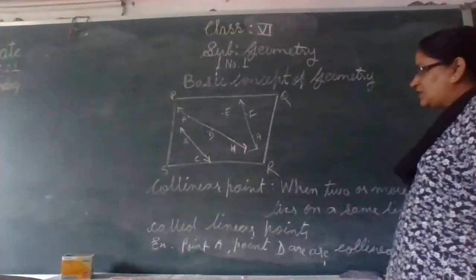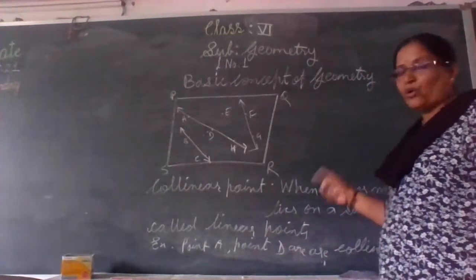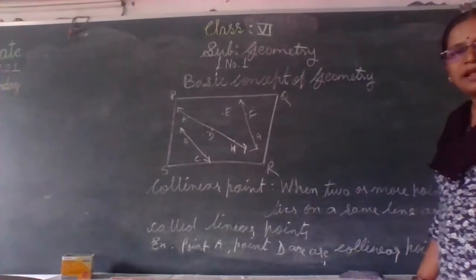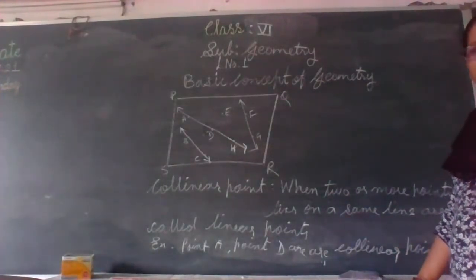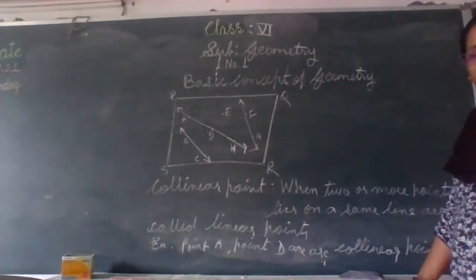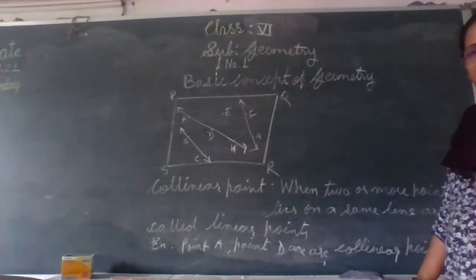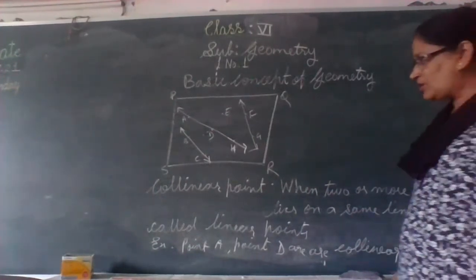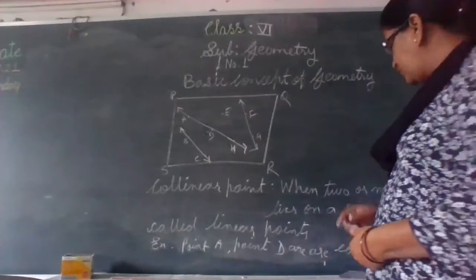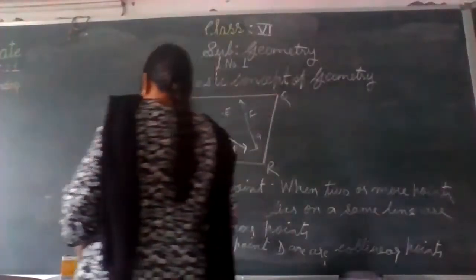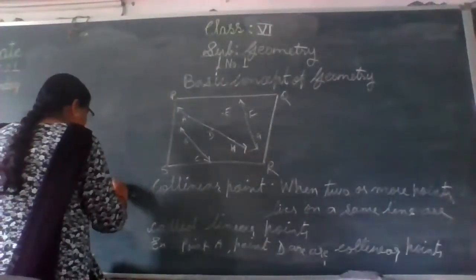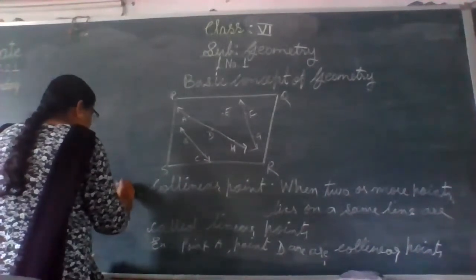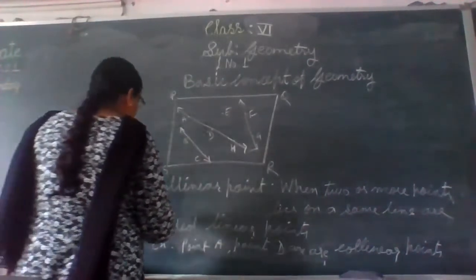Got it, beta? So when 2 or more points lie on the same line, those points are known as collinear. Means they are coming on the same line. Okay, non-collinear points, which ones will we take? Non-collinear points.